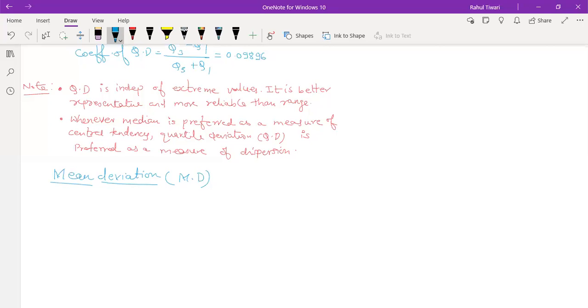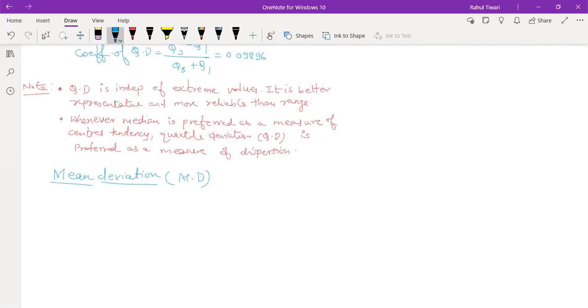If I'm only considering 25% or 75% of the data, like Q1 and Q3, I'm still losing some information. In that scenario I'm not using the entire data. Are you getting my point? So somewhere I fail to get more knowledge about my data.